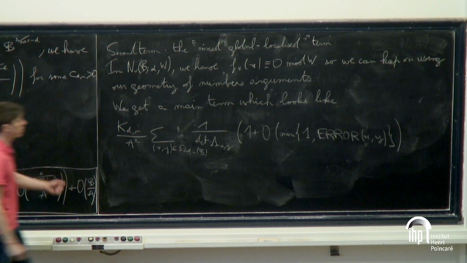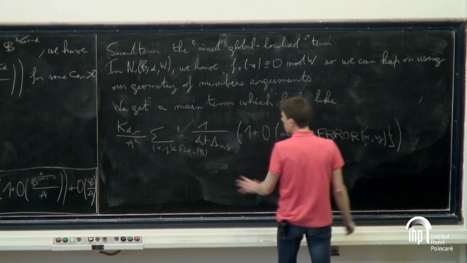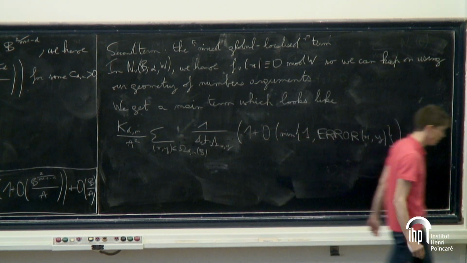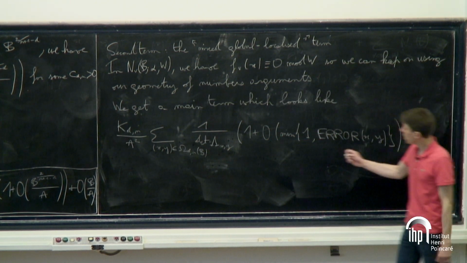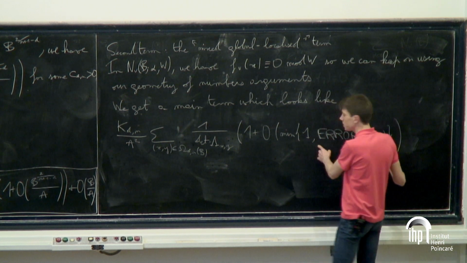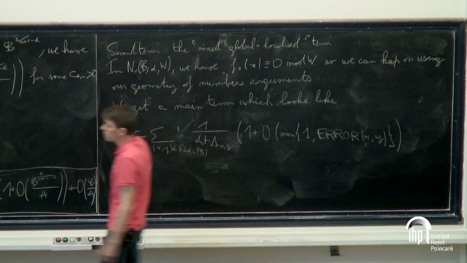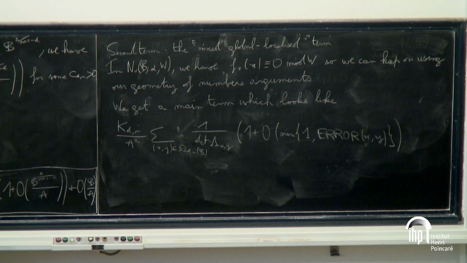Okay, so when we do the geometry of numbers, we get almost the same main term here. So 1 over the determinant of the lattice, times something which is an error, due to the fact that one factor is the localized counting function and not the global one, basically.